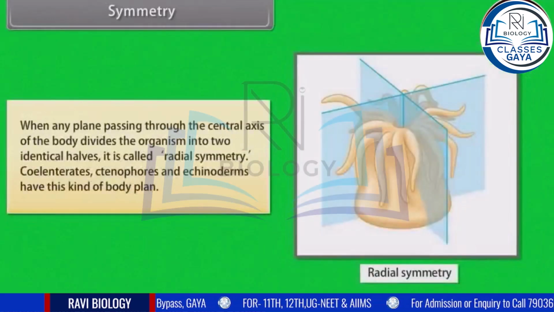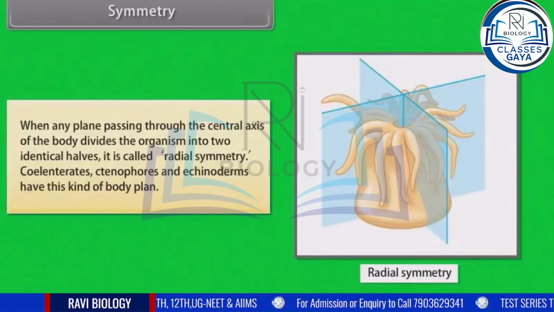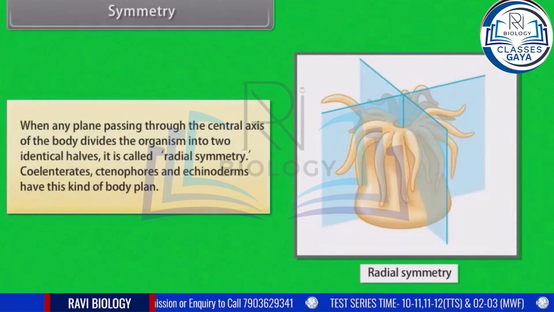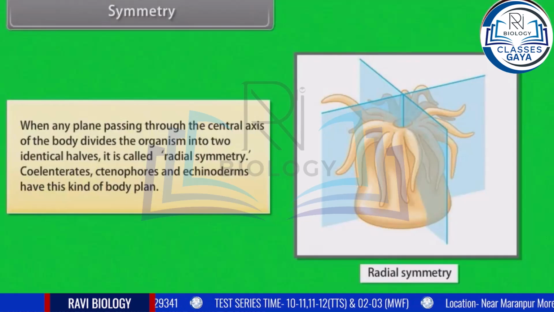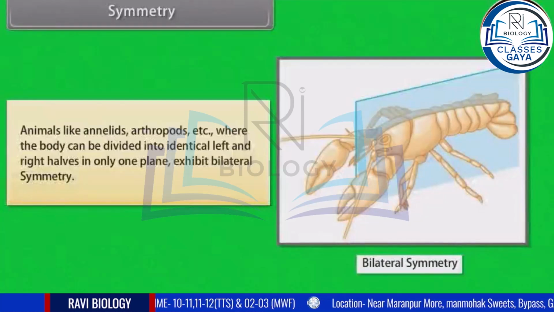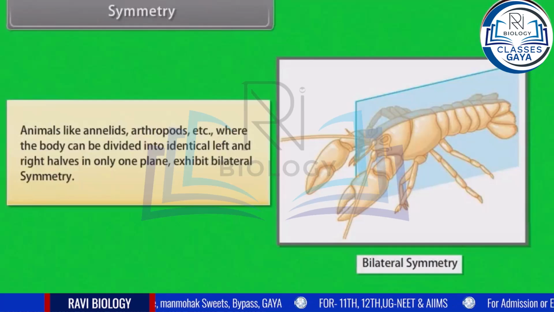When any plane passing through the central axis of the body divides the organism into two identical halves, it is called radial symmetry. Coelenterates, Ctenophores, and echinoderms have this kind of body plan. Animals like annelids, arthropods, etc., where the body can be divided into identical left and right halves in only one plane, exhibit bilateral symmetry.